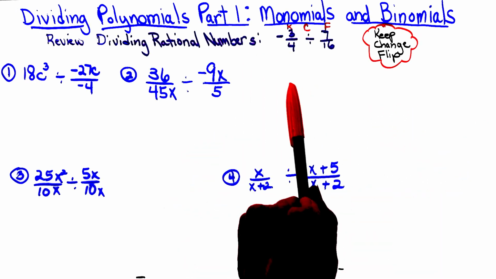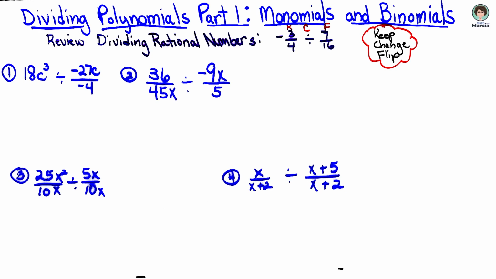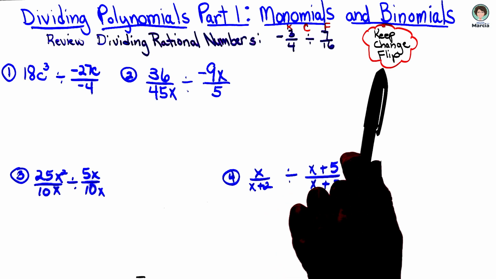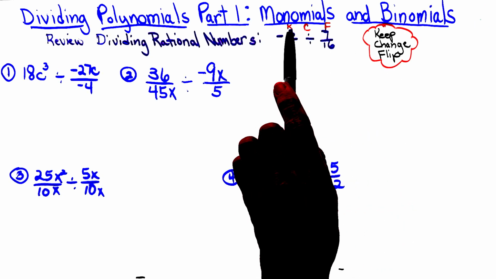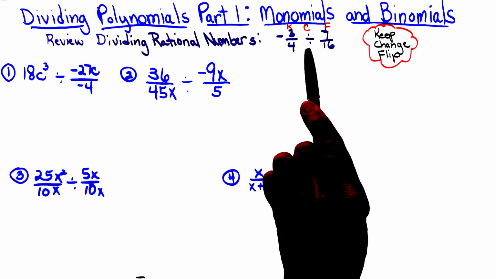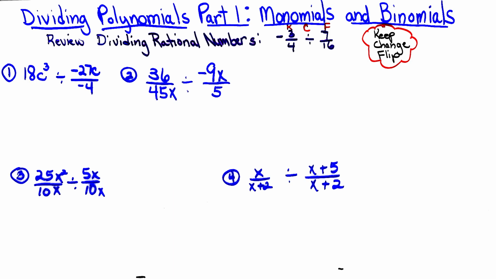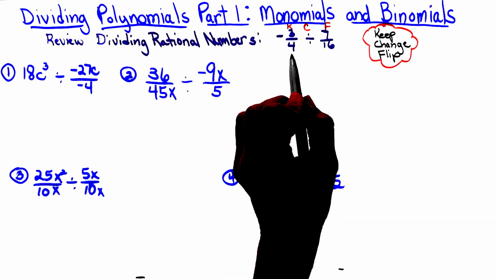So remember, when we divide, and I just gave you rational numbers, fractions, a positive and a negative, it's like working with fractions. We keep the first, we change the sign to multiplication, and then we write the reciprocal of the second number. So let's work this problem together.